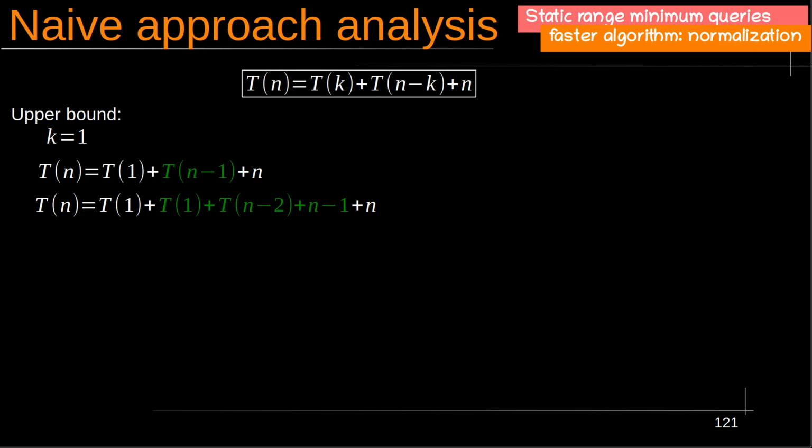If T of n is T of 1 plus T of n minus 1 plus n, then T of n minus 1 is T of 1 plus T of n minus 2 plus n minus 1, because 1 is constant here, and we subtract 1 from n minus 1 to get n minus 2.